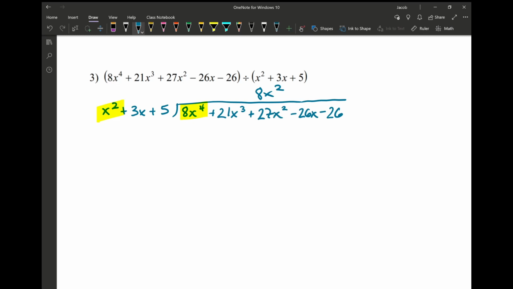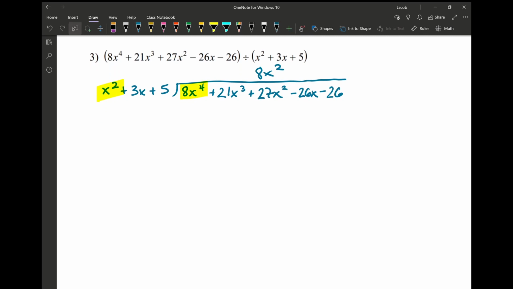So 8x squared times x squared is going to give us 8x to the fourth. Great. We want that to cancel. And then plus 24x cubed. So I'm just distributing my 8x squared to all the terms inside this quadratic. And then plus 40x squared.